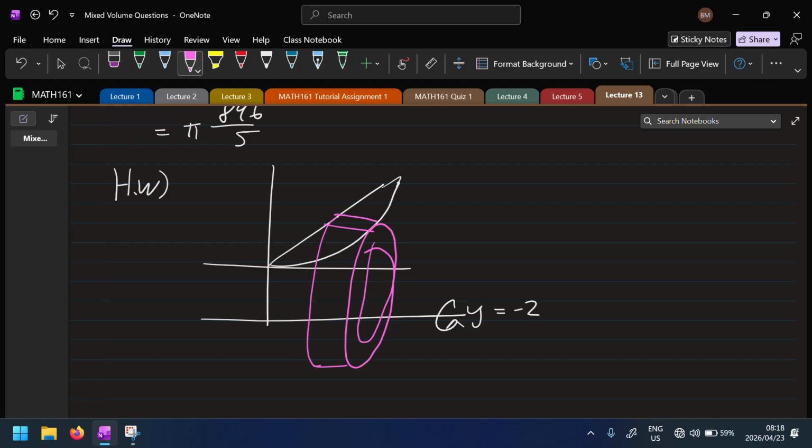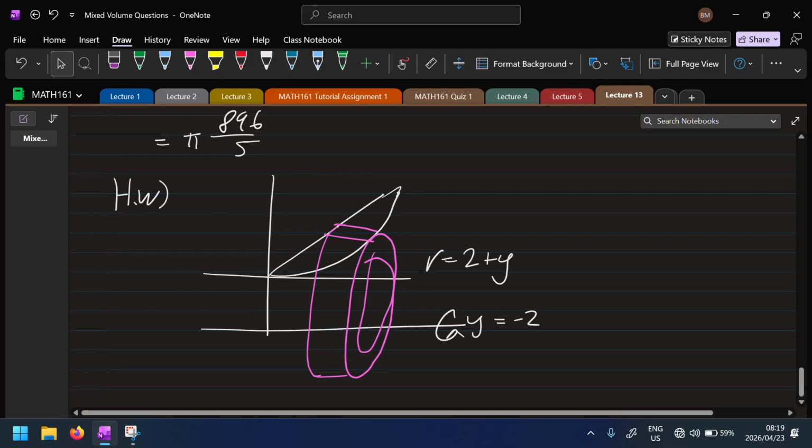Okay, so you're going to have a horizontal cylindrical shell. So now the radius for these shells will be the y value, because it's going vertical, shifted by 2, of course. And then the height will now be the horizontal distance there. So let's just sketch that in here.